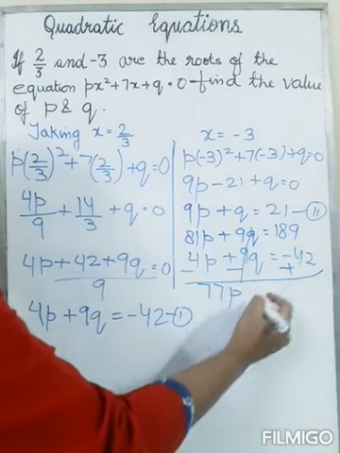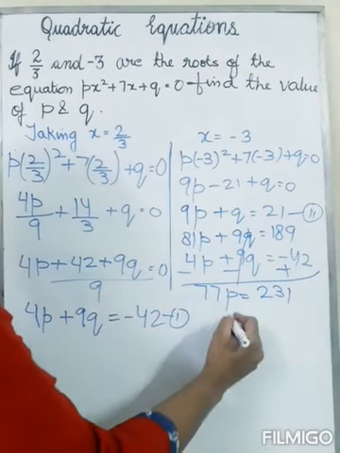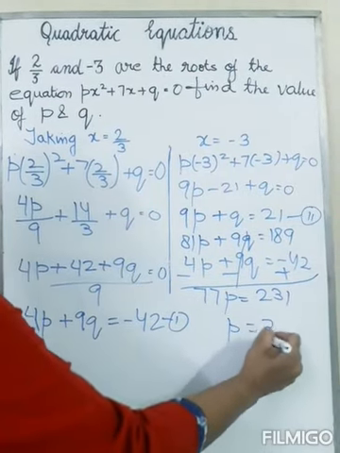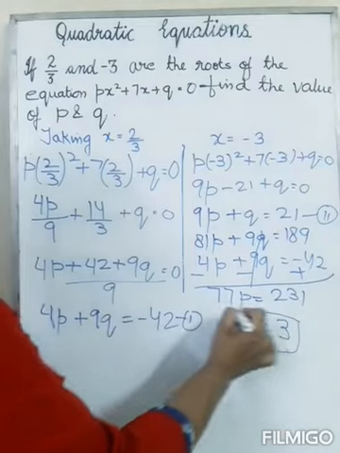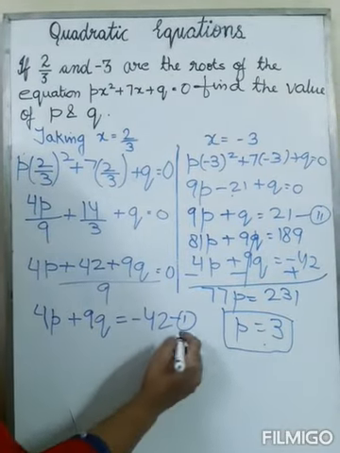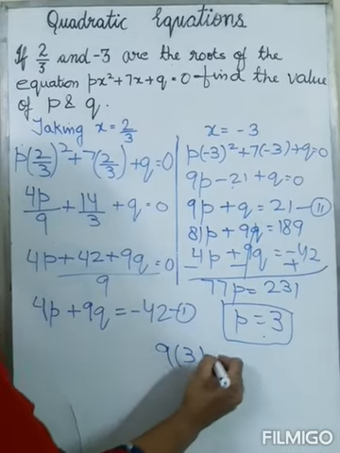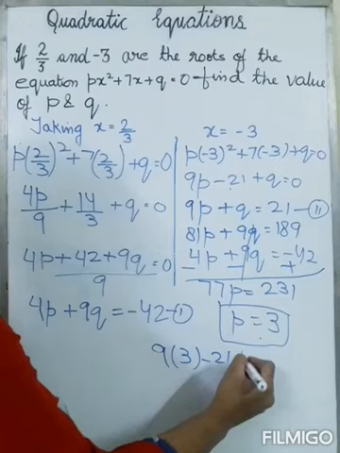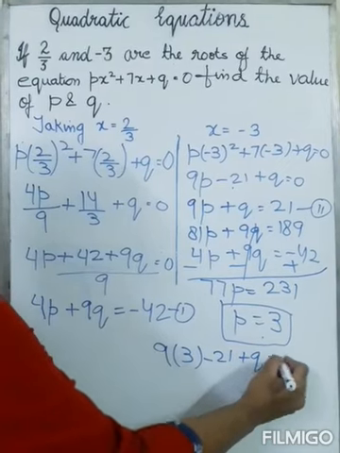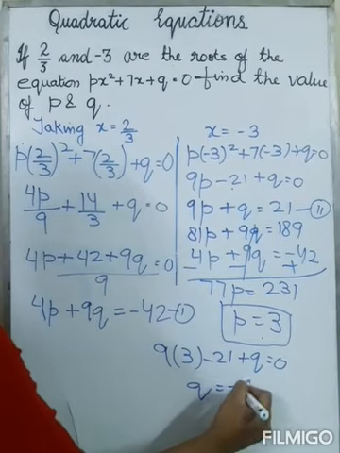This cancels out and this is equal to 231. Now 77 is divided on the other side. So I will get p equals to 3. Substituting p equals to 3 in this equation, I will get 9 times 3 minus 21 plus q equals to 0, or q equals to minus 6.